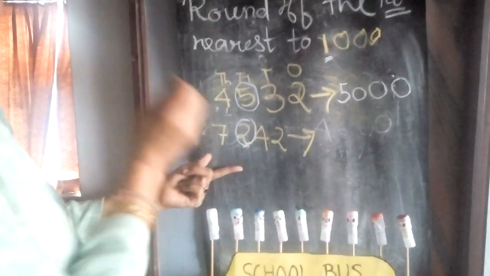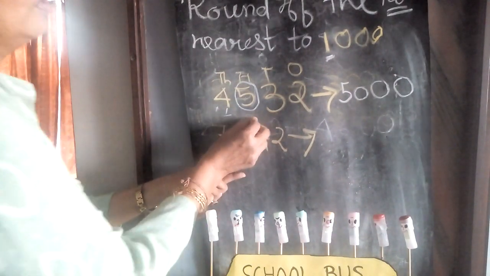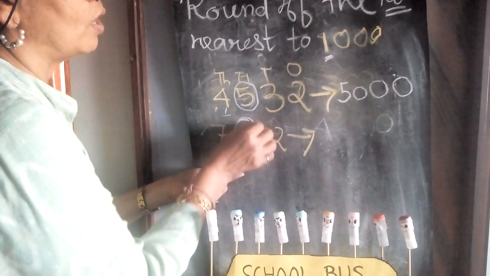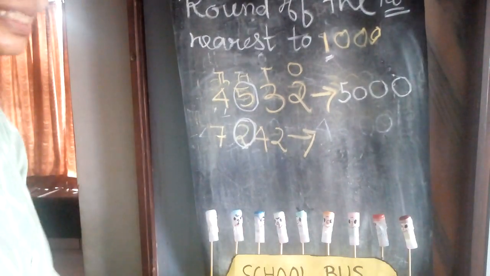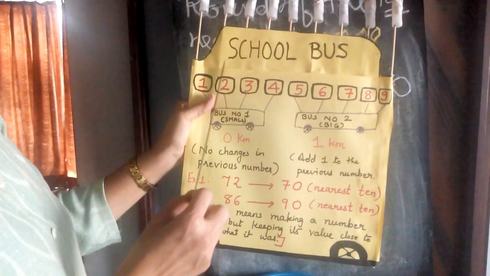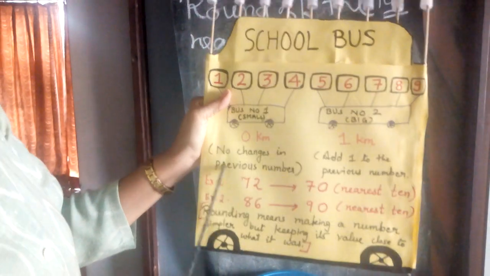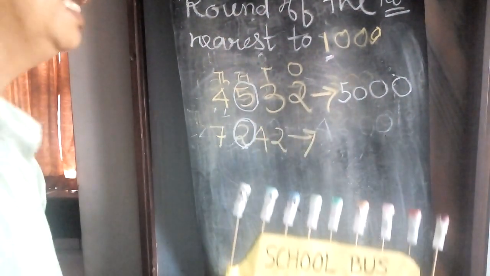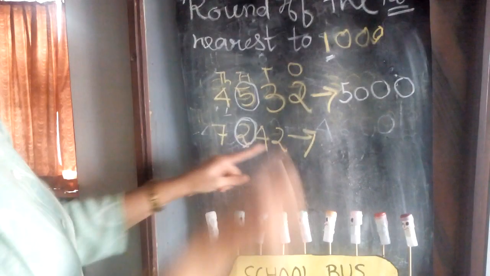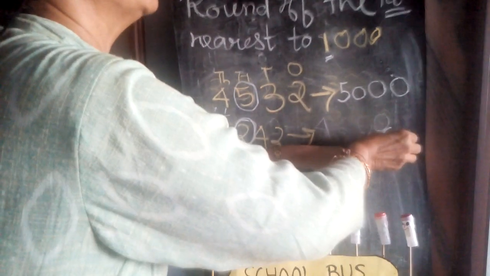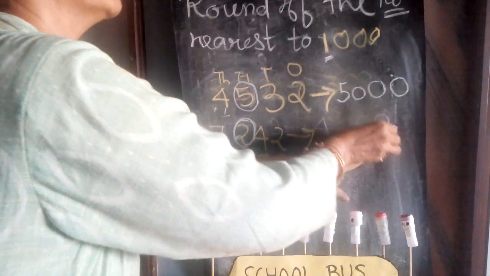7242. We have circled the hundreds number. It is 2. 2 means second standard. Second standard, small bus, 0. So no changes in the previous number. That means it will remain the same. So your ones place will be 0 only. Tens is also 0.